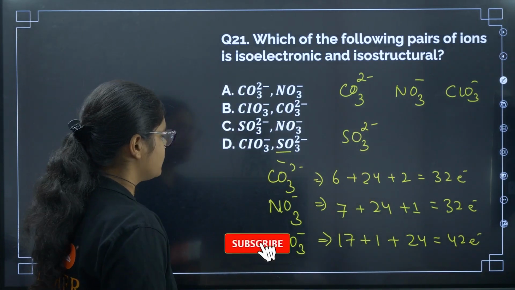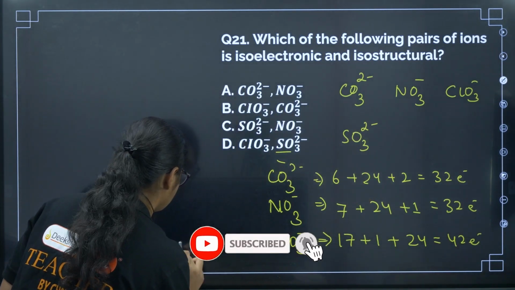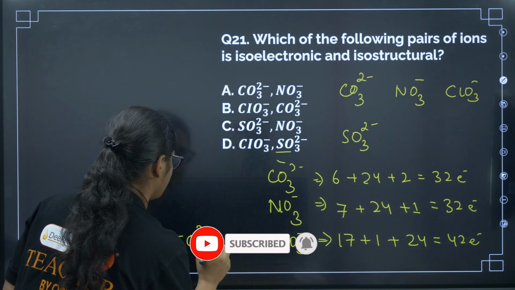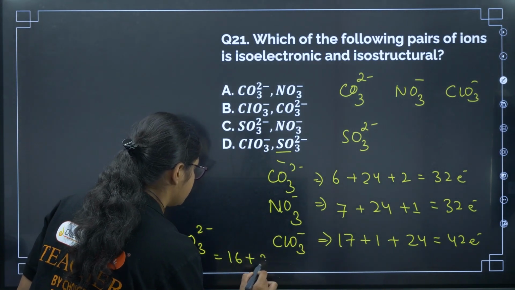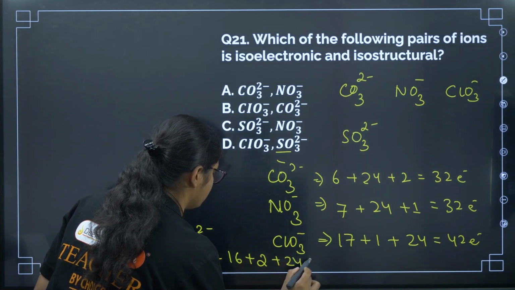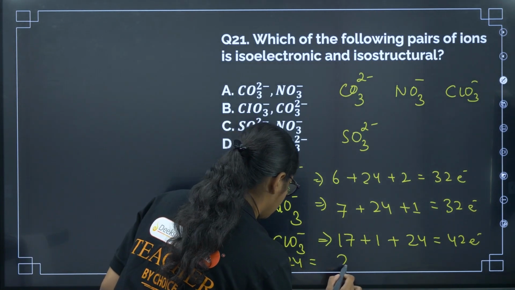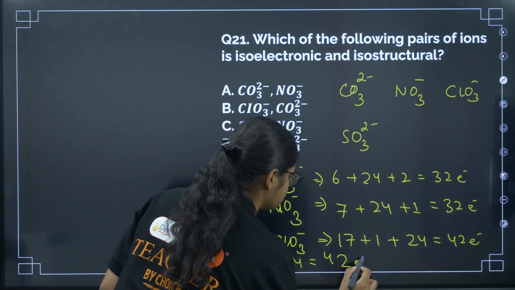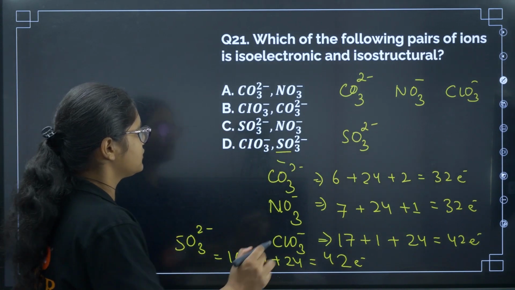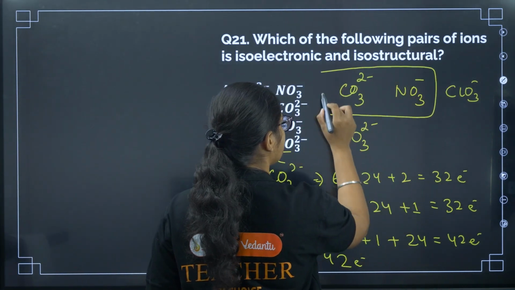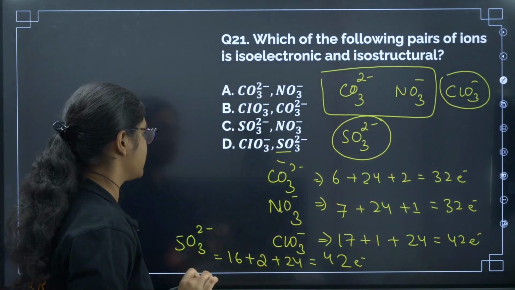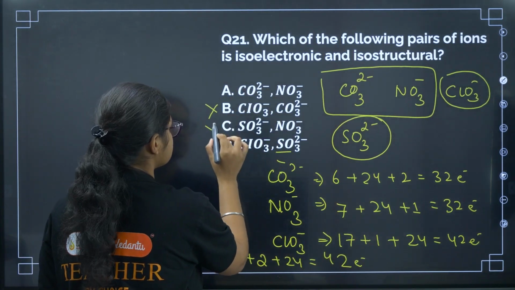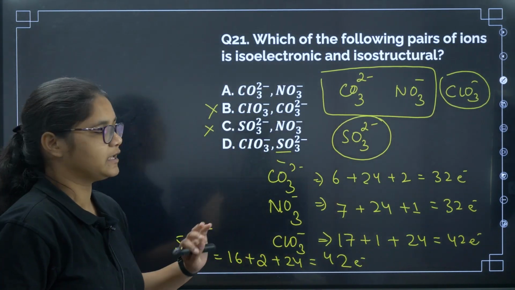Now coming to SO3 2 minus, sulfur is 16, then plus 2 is 18 and then 24, so again we will have 42 electrons. So we can say that CO3 2 minus and NO3 minus are isoelectronic, and ClO3 minus and SO3 2 minus are isoelectronic. So definitely these two options are impossible, because they are not isoelectronic.